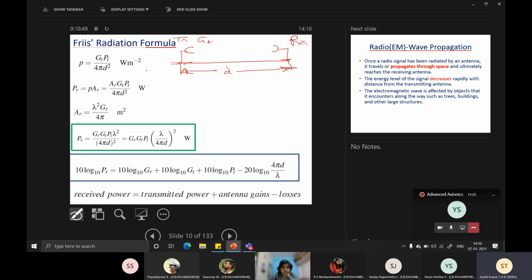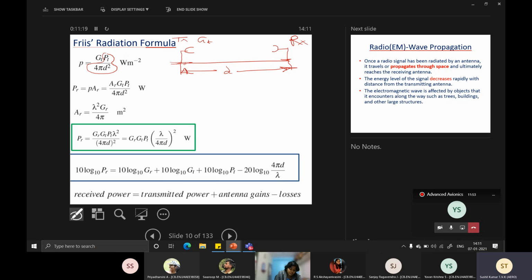As of now, if you say gain is 10, the power levels are getting multiplied by 10. Okay. So if at a distance, suppose this is an isotropic source, the power density at a distance d is nothing but Pt divided by 4 pi d square. 4 pi d square is the surface area of a sphere. So you can approximate the power density as Pt by 4 pi d square.